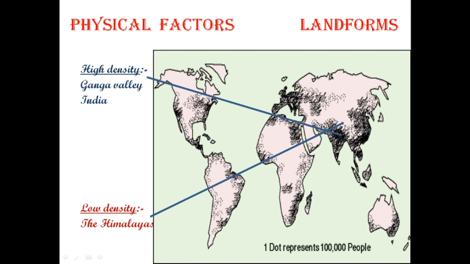Here the less populated area is located because it is not possible to develop a good transport system in hilly areas or to set up industries or for agriculture.